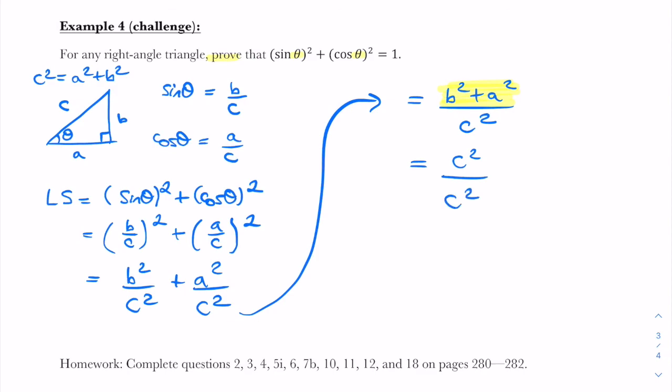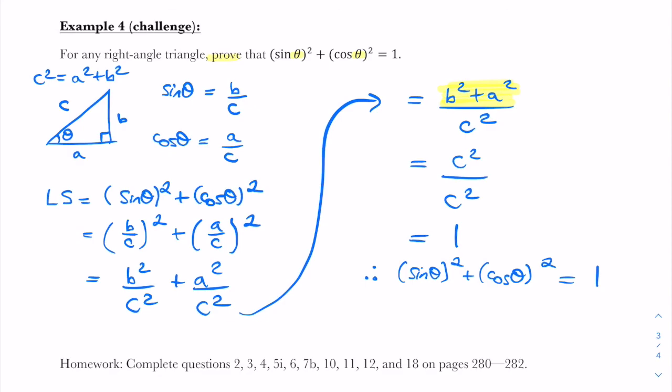And now this expression becomes c squared divided by c squared. What happens? Well, you're dividing the same thing by the same thing, so they cancel out, which reduces to 1. Amazing, right? And therefore, we have proven that sine of angle theta squared plus cosine of angle theta squared equals 1.